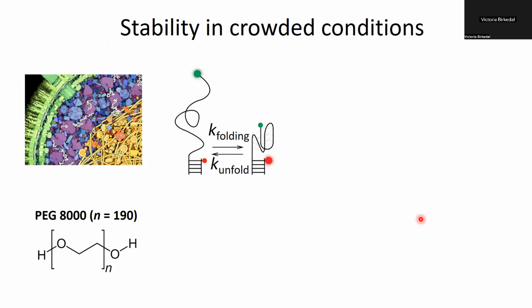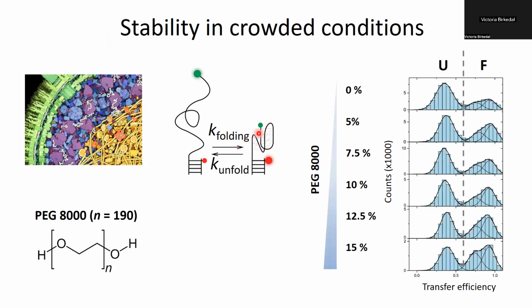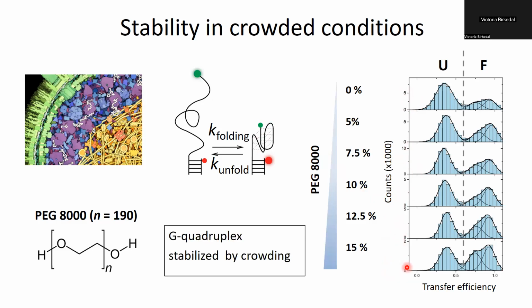So we've been looking at this model structure, a DNA structure that folds a G quadruplex, and looking at it with different amounts of synthetic crowding. And it's not a surprise that in the most crowded environment the unfolded structure is decreased and the folded structure is increased. This is already known from the literature, and it's just that it gets confined, so it needs to fold.